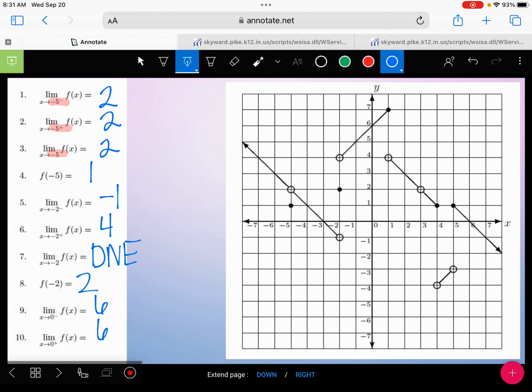I wasn't going to talk about that. It's asking whether the limit of f of x exists for every c in the interval. So do you have a discontinuity between those two? Those are both x values, right? As long as you don't have a jump or an infinite, then it does have a limit.